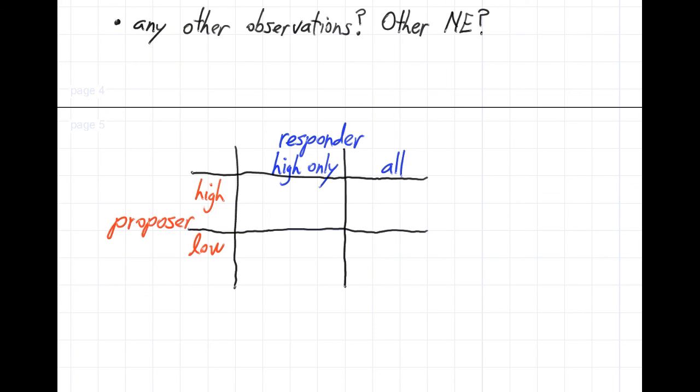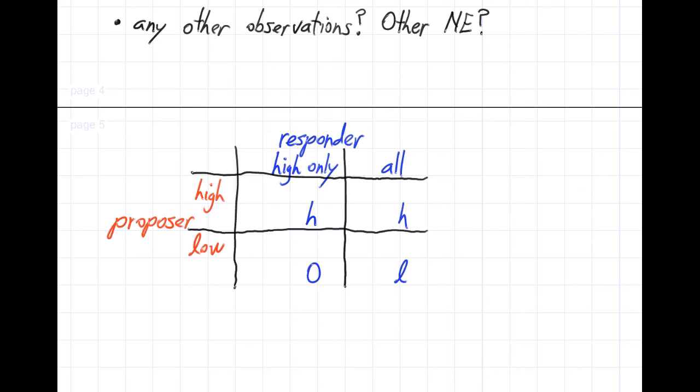Let's start with the responder's payoff again. So in the top left box, if the responder accepts high only and the proposer makes a high offer, then the responder gets that high offer, H. If, on the other hand, the responder will accept anything, accept all, then again, the responder will get H. If the responder accepts all, but the proposer makes a low offer, then the responder gets that low amount, L. And the last case is if the responder only accepts high offers, but the proposer offers a low offer, then nobody gets anything, so the responder gets 0.